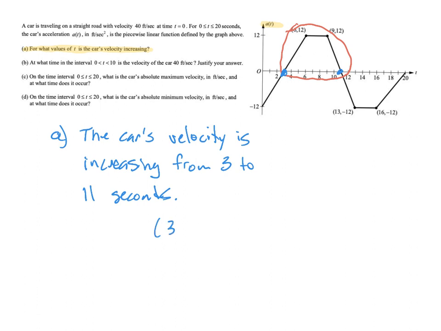Maybe more concisely just on the interval 3-11. Something like that. Usually don't highlight blue with blue. I'll put a little yellow on there. So letter A was pretty straightforward, as long as you understand how to interpret acceleration and its relationship to velocity. We'll attack letter B on the next slide.